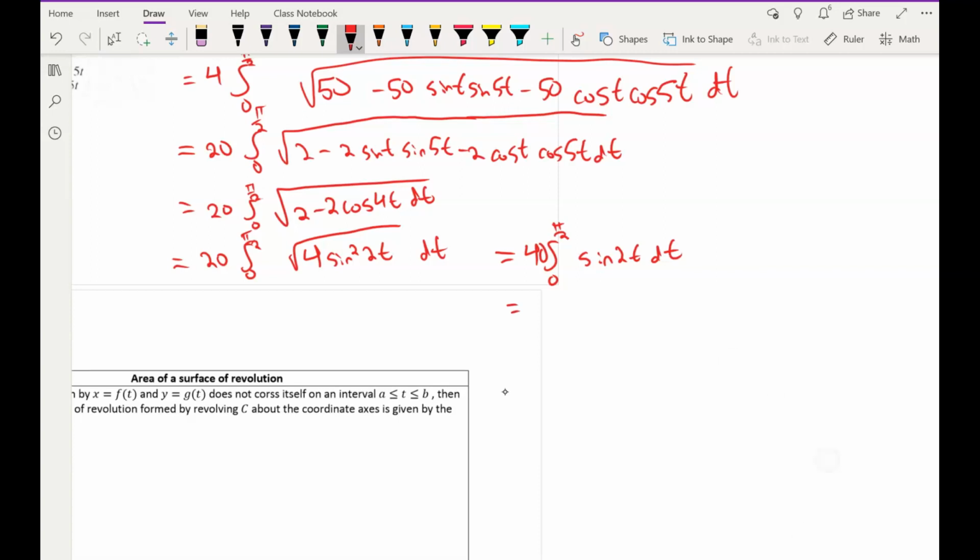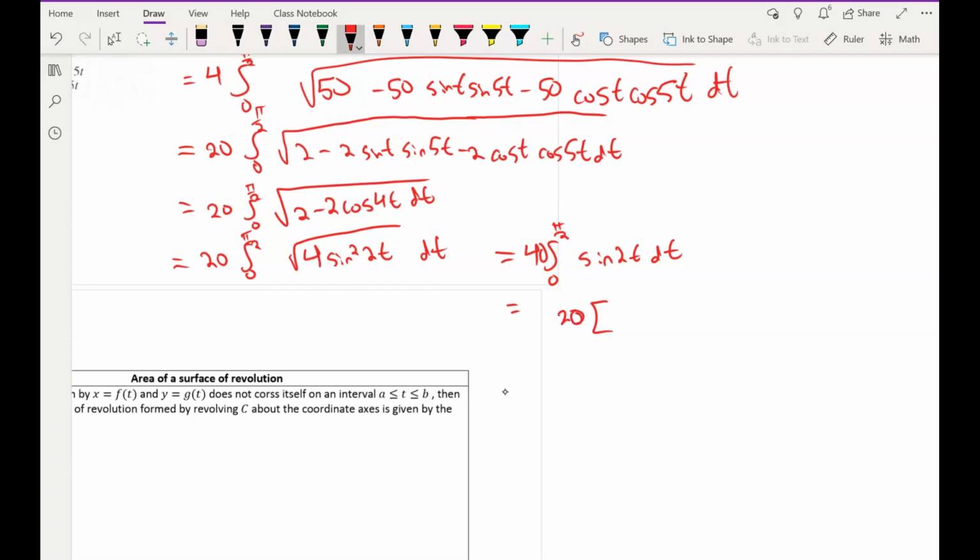This is going to be the same as 40 times, well, what is the antiderivative of sine of 2t? That's kind of reversing the chain rule. So we're saying what thing's derivative gives me sine of 2t? Well, we're going to have a 1/2 out in front because the derivative of the inside should just be 2, but we don't see a 2, which means that there must have been a 1/2. So we have to multiply by 1/2 out front, which leaves us with 20.